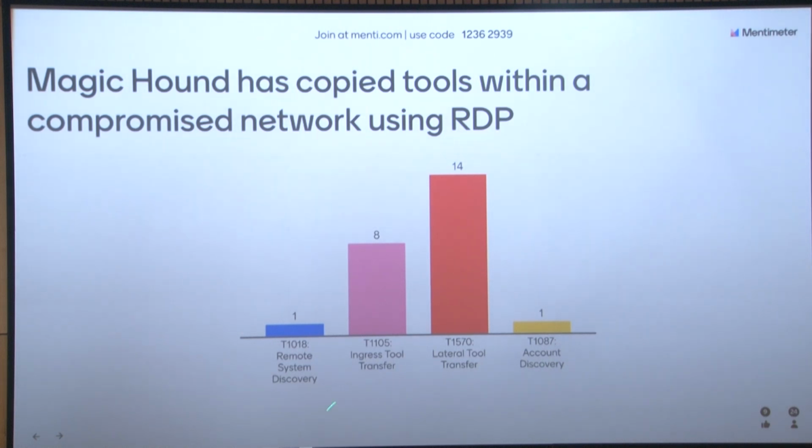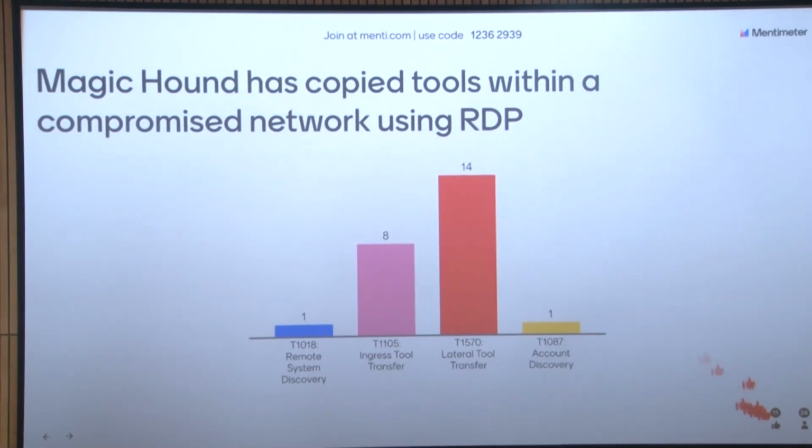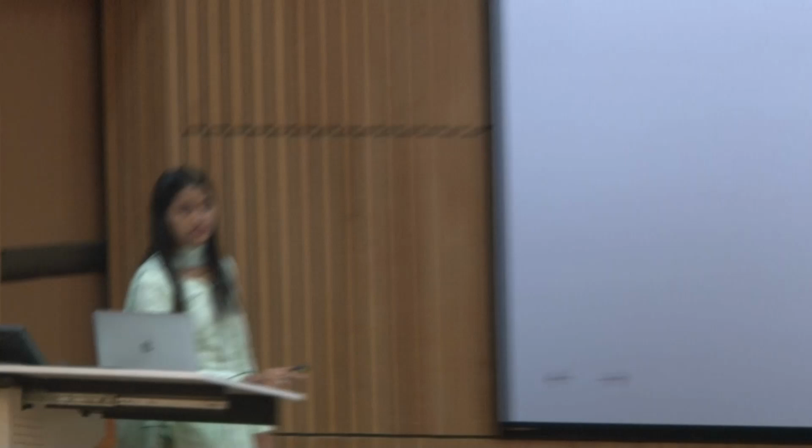Then remote system discovery is a TTP when attackers try to discover what all remote systems the victim infrastructure is connected with. The last one, account discovery, is when they discover what all user accounts are present on the machine. When they list the total user accounts on the machine, this TTP applies. Is it clear?